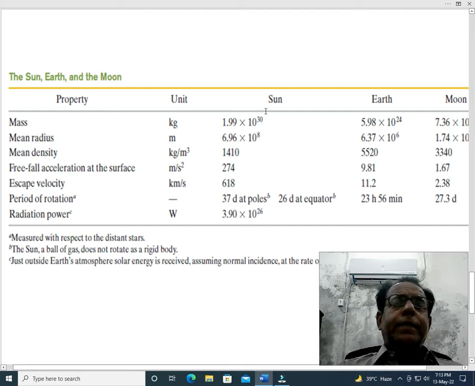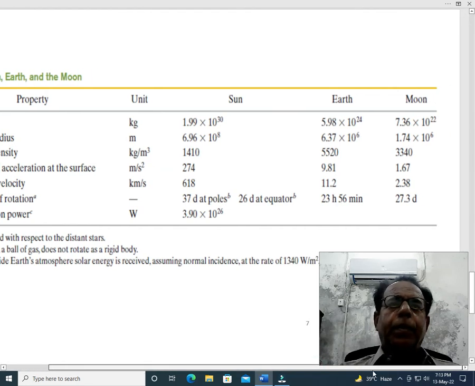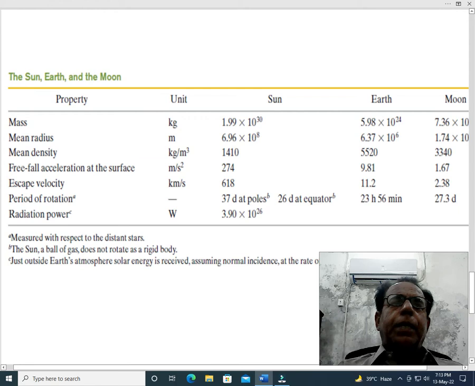Dear students, mass of sun is 1.99 into 10 raised to the power 30 kilogram.